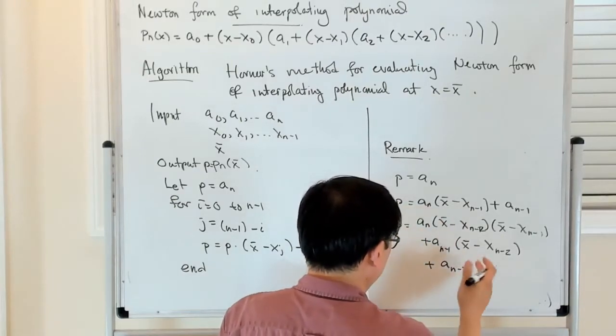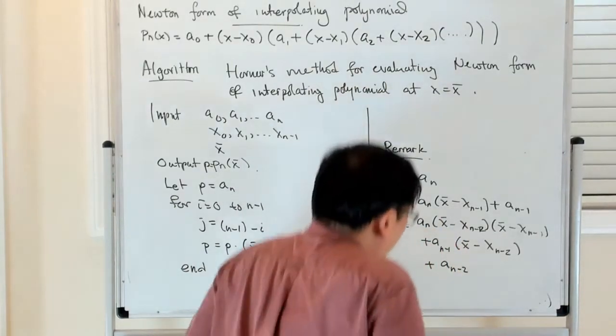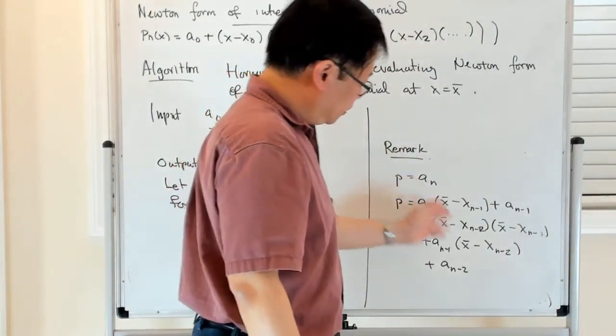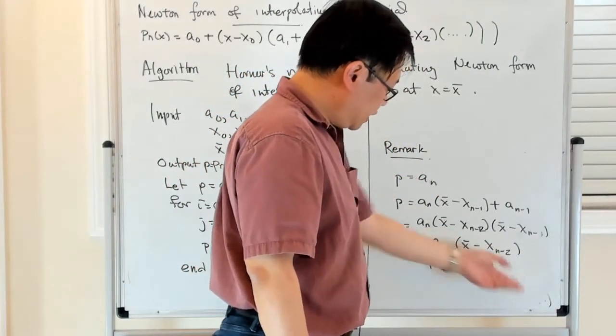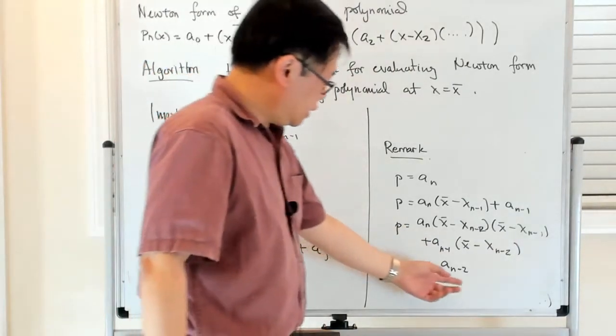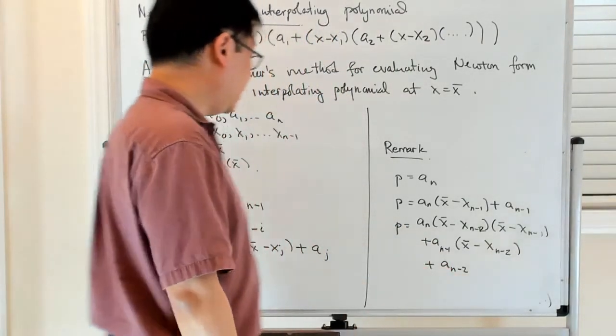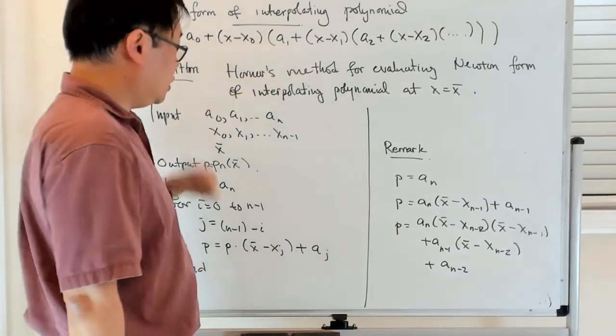You can imagine every time you pass through it, it multiplies by one of the factors and then adds a lower coefficient, and eventually you get this expression here.